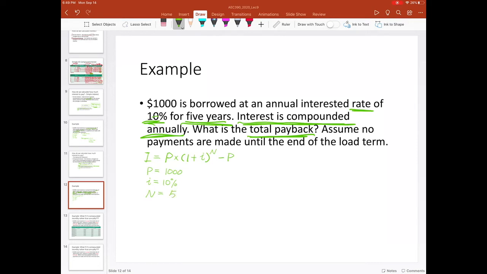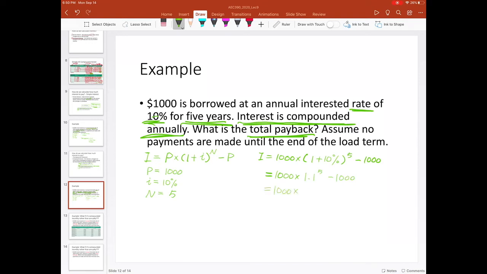Okay? Now let's replace these letters by the values. So I is 1,000 times (1 plus 10%) to the power of 5, minus 1,000. 1 plus 10% is 1.1, right? To the power of 5, minus 1,000.